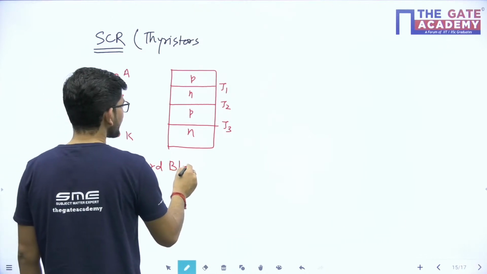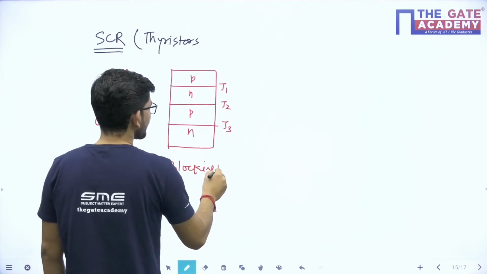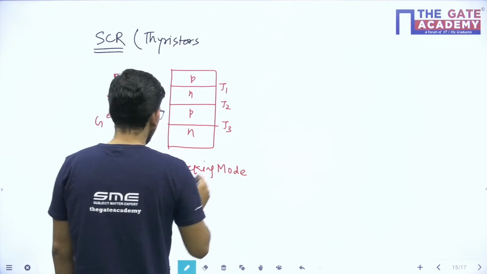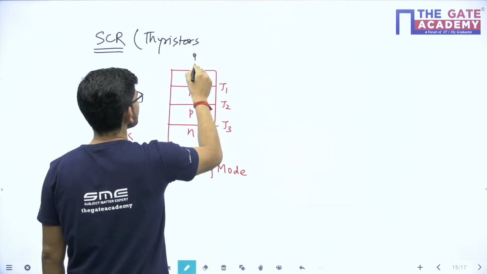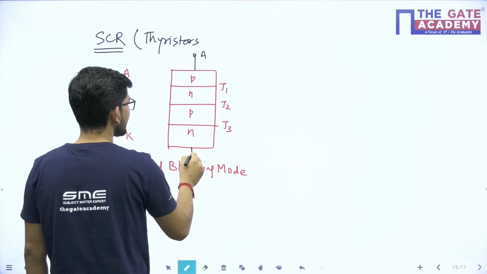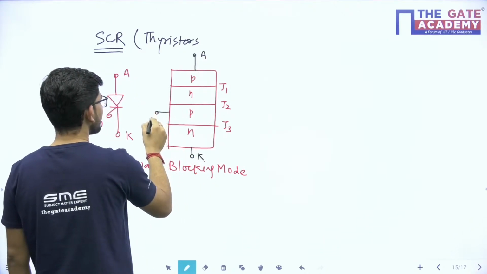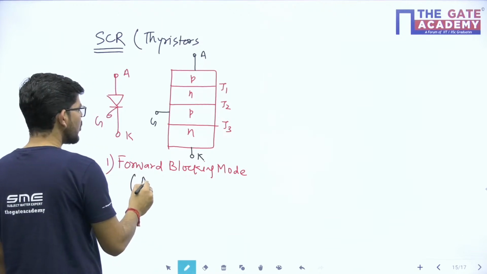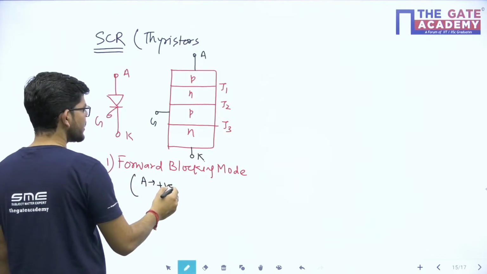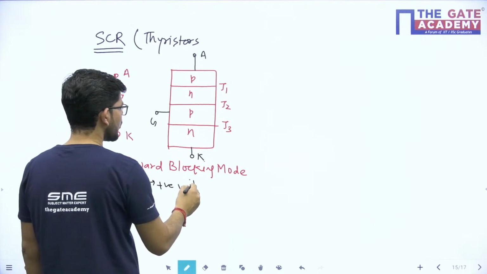It operates in 3 modes: forward blocking mode, reverse blocking mode and forward conduction mode. In forward blocking mode, this is anode and this is cathode, and we have a terminal gate here.